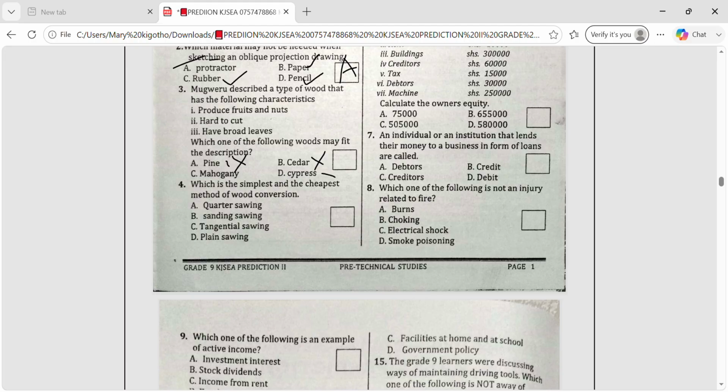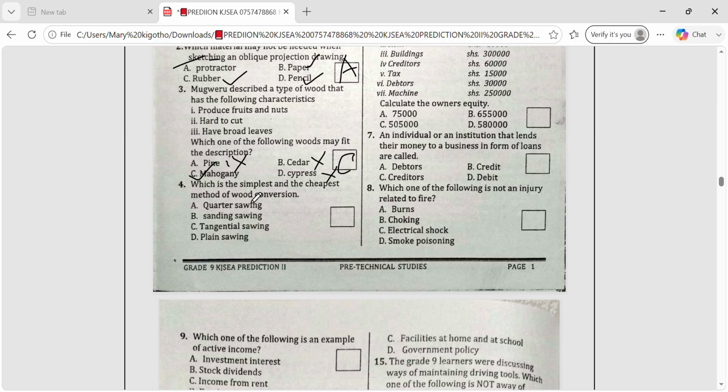No. So the correct answer should be mahogany. That is C. Because hardwoods come from broad-leaved trees, many of which produce fruits or nuts. They are generally harder, stronger, and more difficult to cut than softwood.